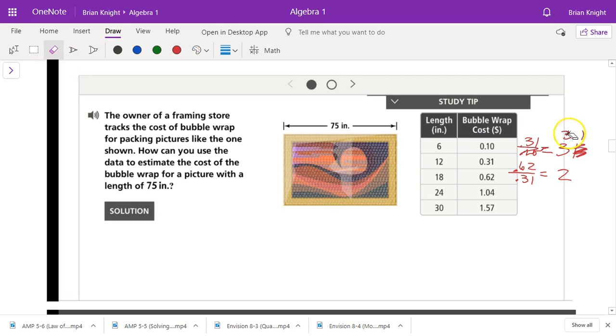Our differences, though, let's see here. What's our differences here? How much did we go up by? 0.21. Then how much? 0.31. Y'all tell me. So 0.4 what? 0.42?